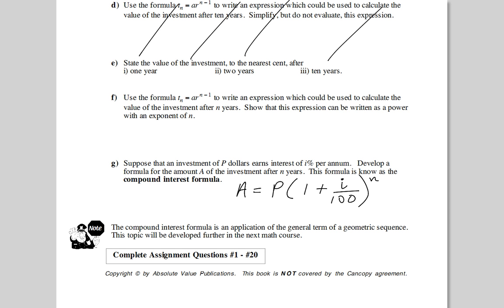And we know why it's 1, right? That's the 100%, right? Plus some interest rate, but it has to be a decimal. So if it's 5%, it's 5 divided by 100, which is 0.05. This is just 1.05. If it's 10%, this is 1.1. If it's 7%, 1.07. You with me on that? Okay.